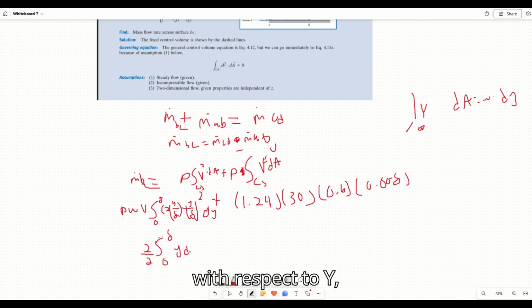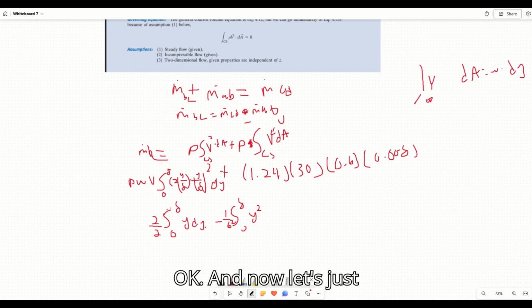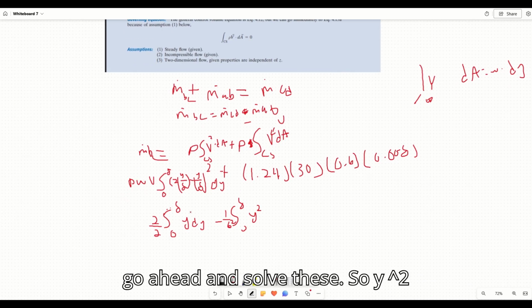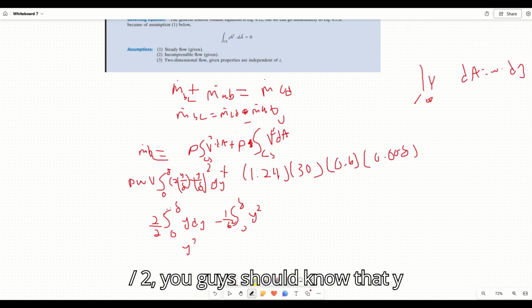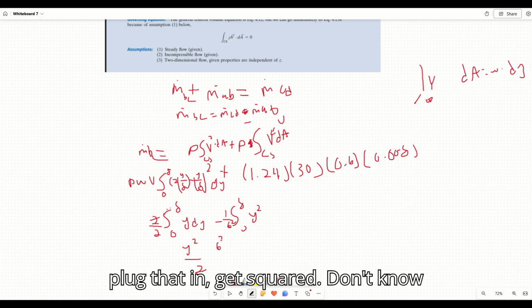So y dy minus... okay. And now let's just go ahead and solve these. So y squared over 2, you guys should know that, y squared over 2. 2 cancels out with this, plug that in, get squared.